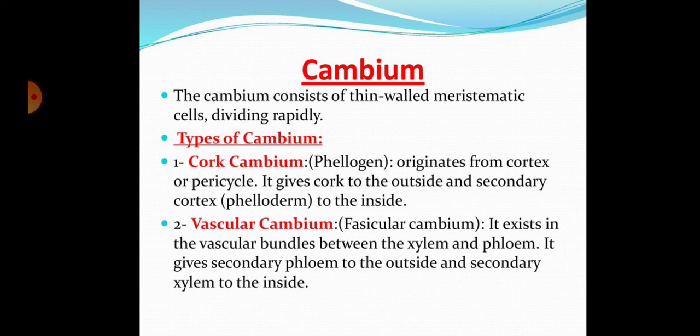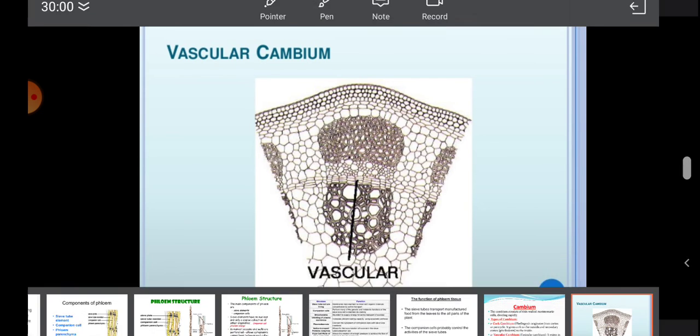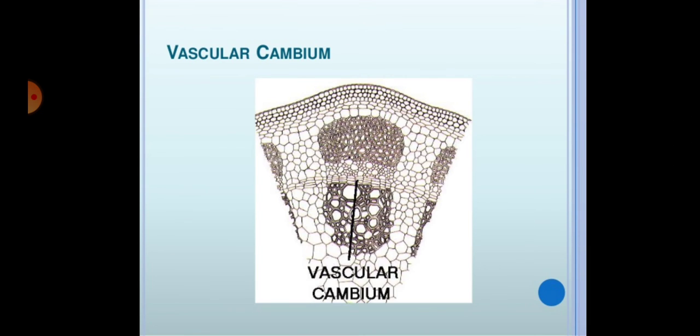The second type of cambium is vascular cambium. Today we are concerned with this vascular cambium, known as fascicular cambium. It exists in the vascular bundles between the xylem and phloem, and it gives secondary phloem to the outside and secondary xylem to the inside, because on the inside xylem is there and on the outside phloem is there, and in between these two this vascular cambium is present.